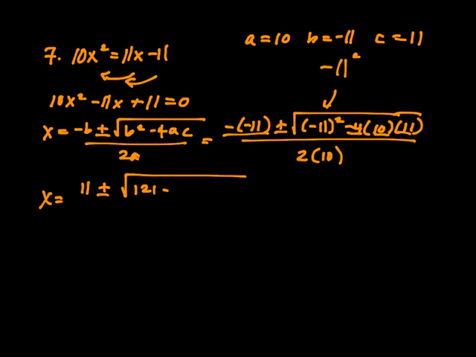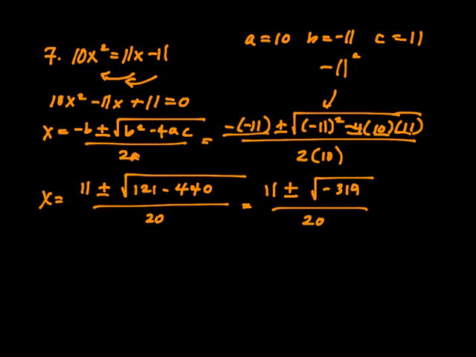So 4 times 10 is 40, and then 40 times 11 is 440, over 20. Okay, so 11 plus or minus the square root of 121 minus 440, which is negative 319, over 20.